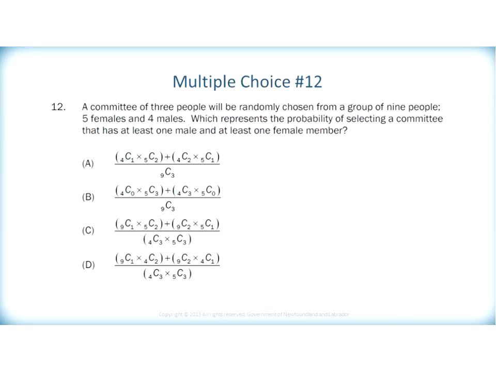A committee of 3 people will be randomly chosen from a group of 9: 5 females and 4 males. Which represents the probability of selecting a committee of at least 1 male and at least 1 female? Now this is probability using counting methods, and that was in section 3.3.